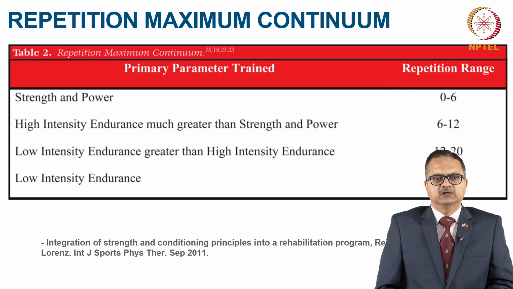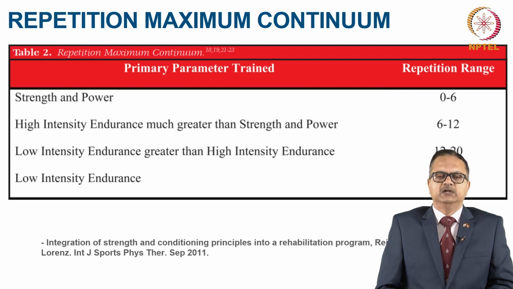If you're looking for strength endurance or high intensity endurance, more than strength and power, reduce the weights but increase the number of repetitions to 12. If you're looking for low intensity muscle endurance, more than high intensity endurance, reduce the weight further and go up to 20 reps.